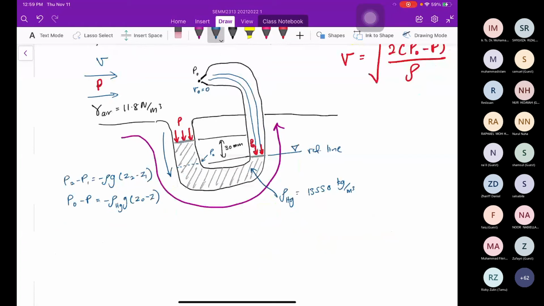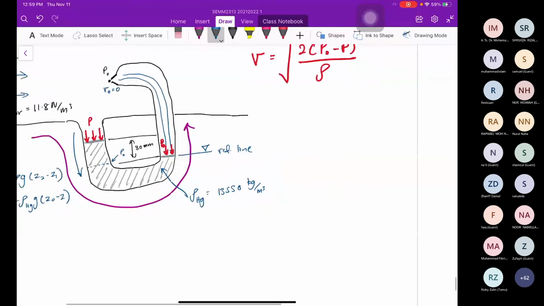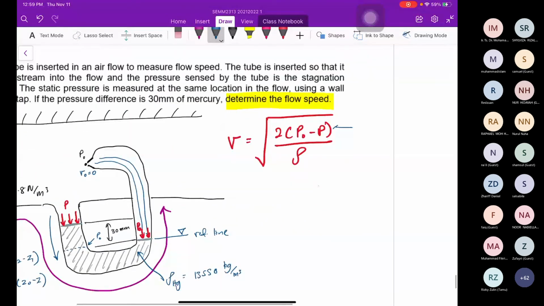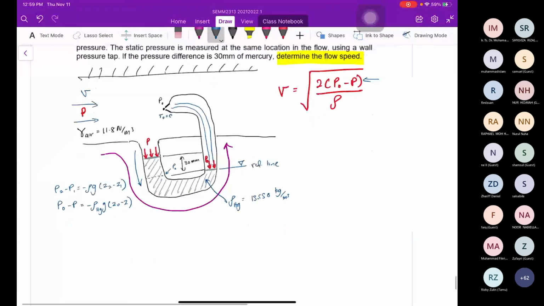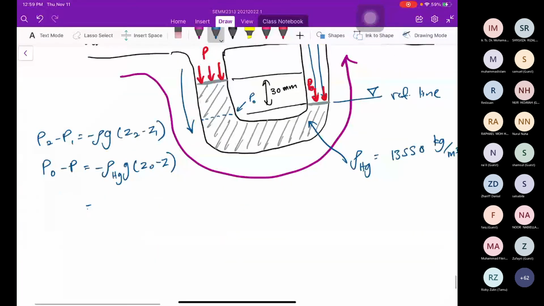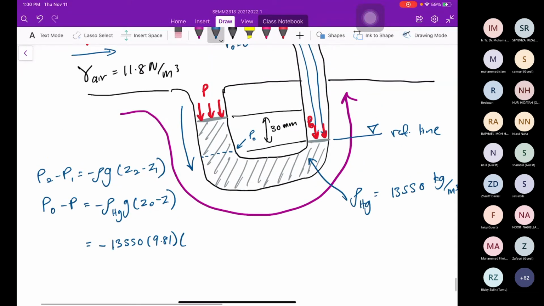Okay, so P naught minus P is basically the same here. We can replace later on. So just replace, negative density is 13550 multiplied with gravity multiplied with Z naught. What is the value of Z naught, class? 0.